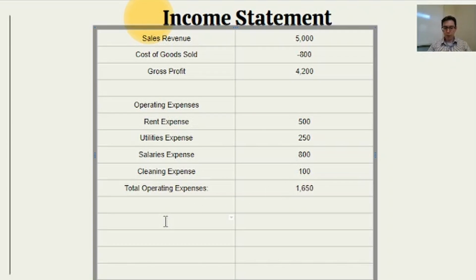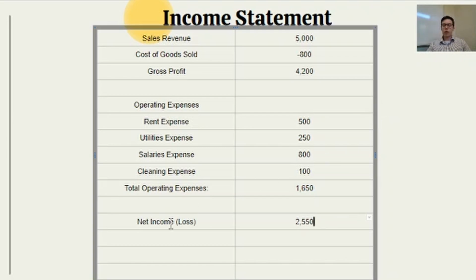And now at the bottom here, we're going to have net income. We can put loss in parentheses. And so now we're going to take our gross profit that we calculated earlier and subtract out our total operating expenses. So we're going to take 4,200 minus 1,650, and we get 2,550.